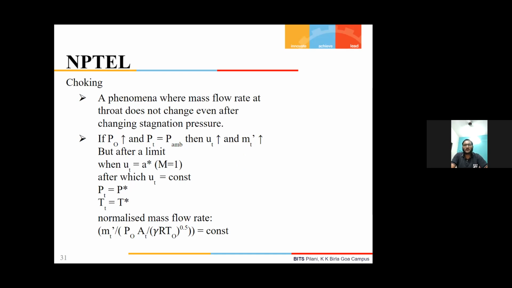But after reaching a limit where the throat velocity becomes equal to the acoustic velocity, when Mach number becomes 1, the throat velocity becomes constant, the throat pressure becomes equal to the sonic pressure, the throat temperature becomes equal to the sonic temperature, and the mass flow rate becomes constant.